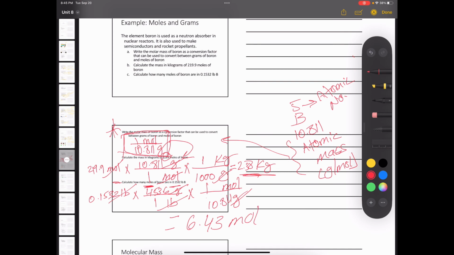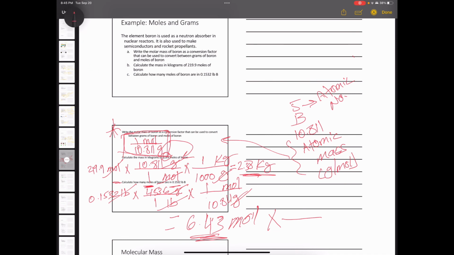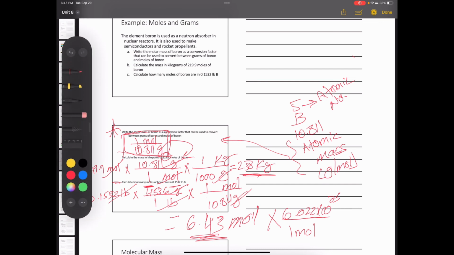Now, we are going to take this a step further, I think, in a couple examples later, but I can convert this number of moles to number of atoms, right? Because we know in every 1 mole, that is 6.022 times 10 to the power 23 atoms.